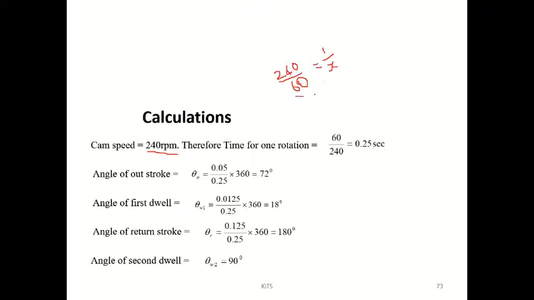In 60 seconds it is having 240 revolutions. For one revolution how many seconds will it take? That's what we are finding. So x equal to 60 divided by 240.